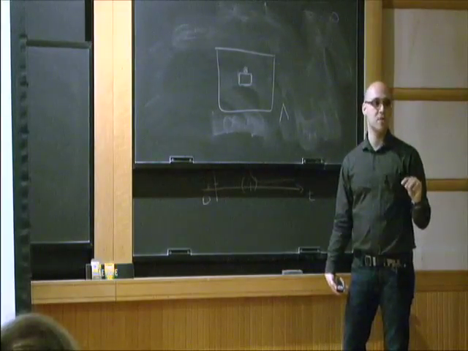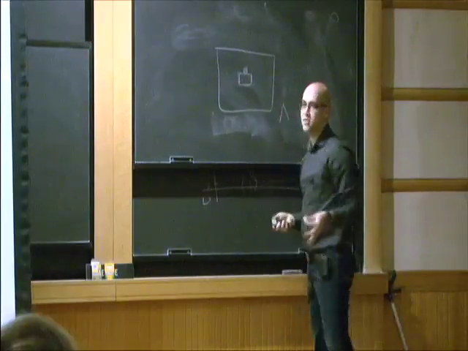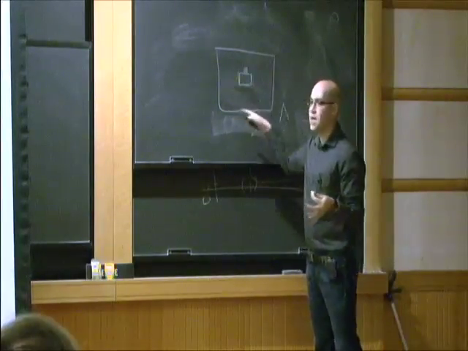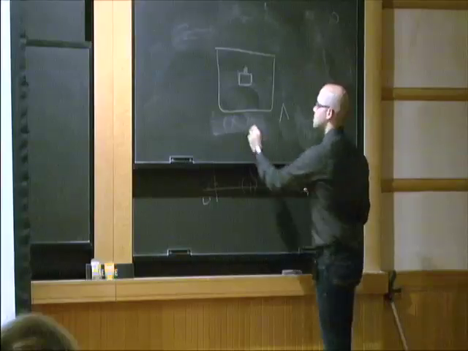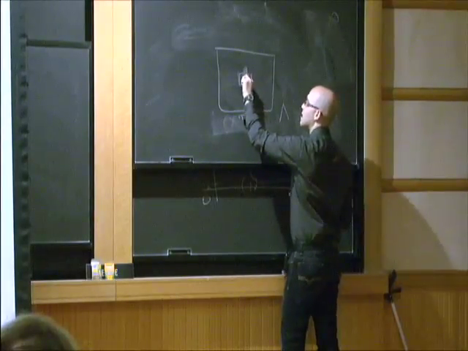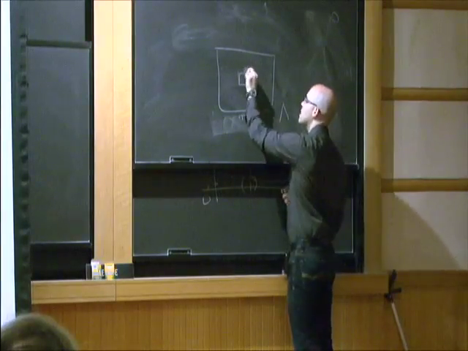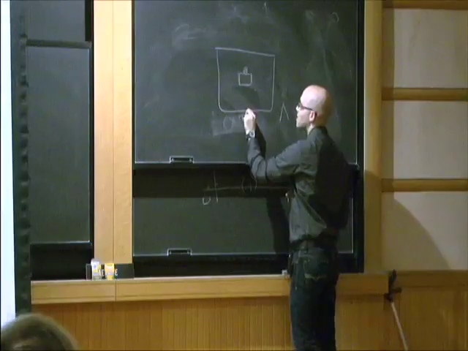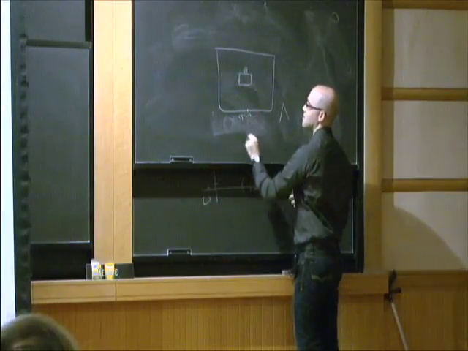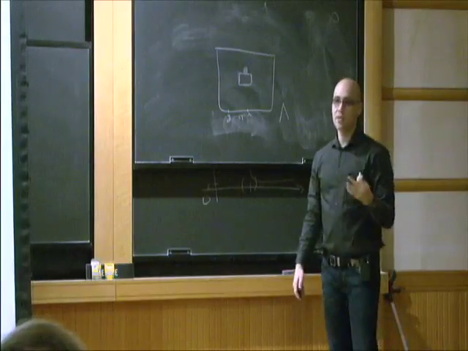Remember that the boundary condition means I'm considering the conditional distribution given the event that the boundary sites are whatever they are. So this is a boundary tau. And you can ask how the projection of this conditional distribution on the box B may change if I modify tau a bit. So I'll flip this site, and I'll also flip that site. Okay? And now there's a way to measure it.